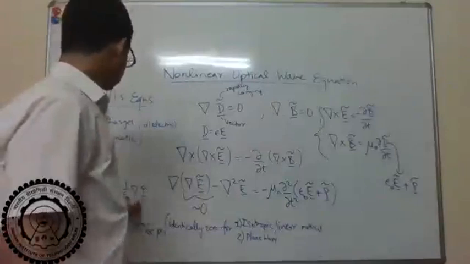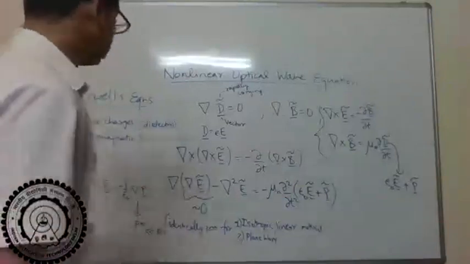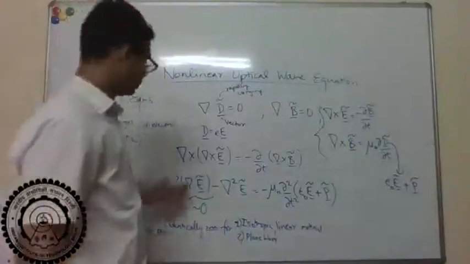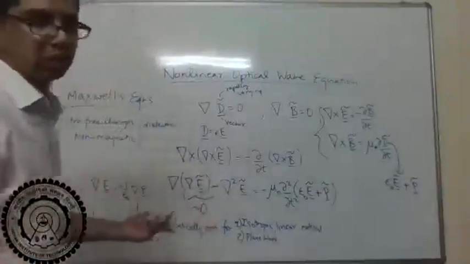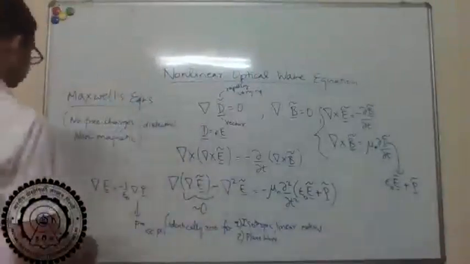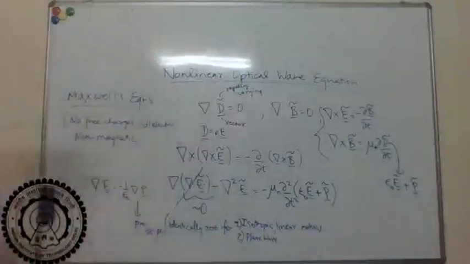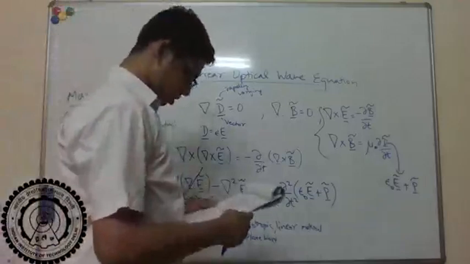But again, the values are typically quite small. So basically, in most cases, we just neglect this, right? And it's a very good approximation. So basically get rid of this term.